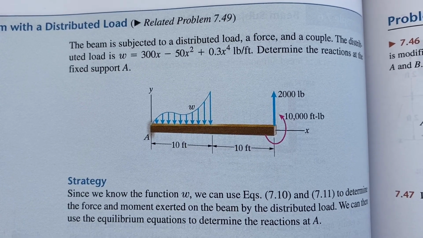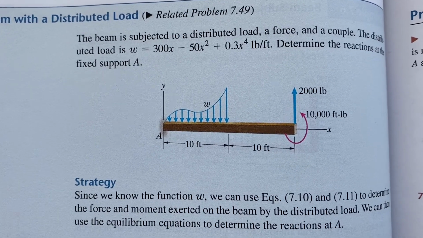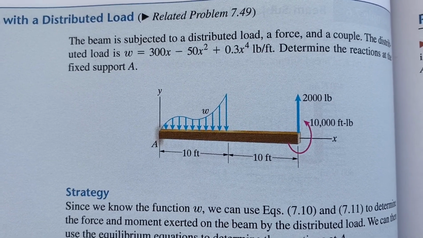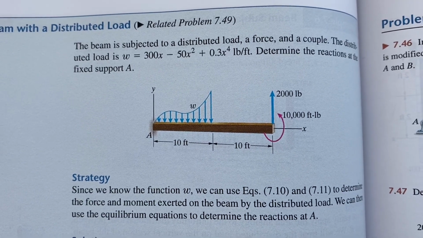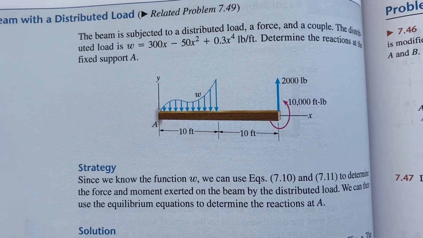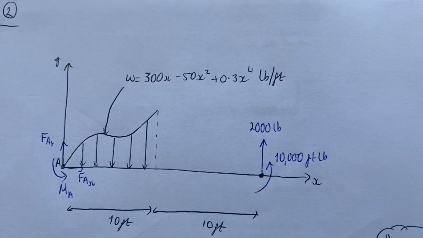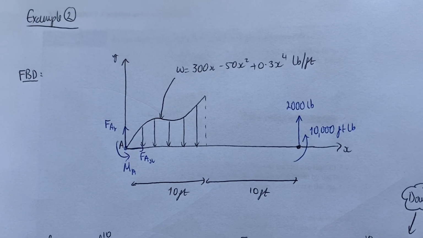So we're told what the loading curve is for the distributed load, right? It's given by that expression up there. And the question is to find the reactions at the fixed support at A, at the left-hand side of the beam. So the first thing that we do is we go ahead and draw the free body diagram.